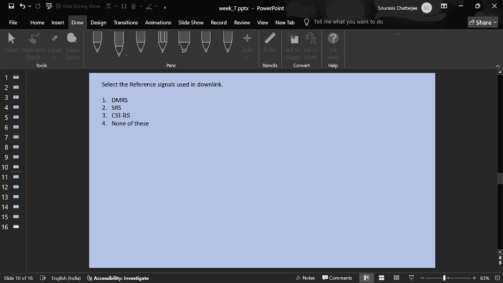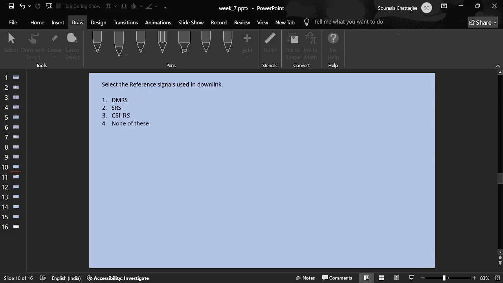So SRS will help the base station to estimate the uplink channel. CSI-RS will help the MCS feedback, which would basically allow the base station to know at what rate it's supposed to transmit. Fine. And what about this DMRS then?